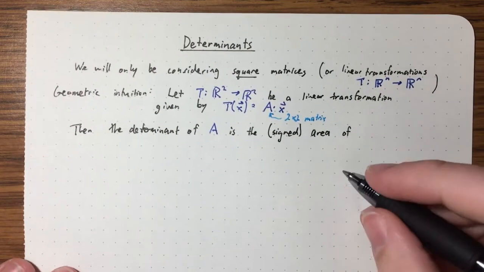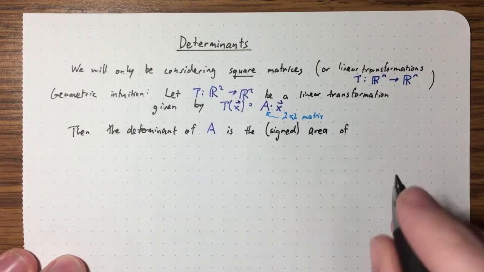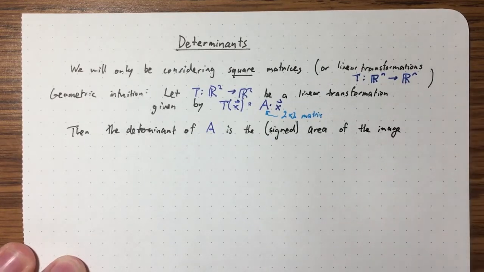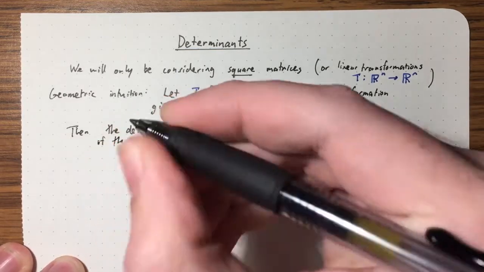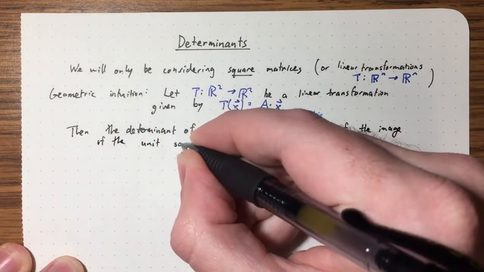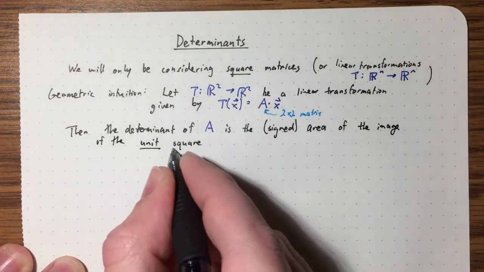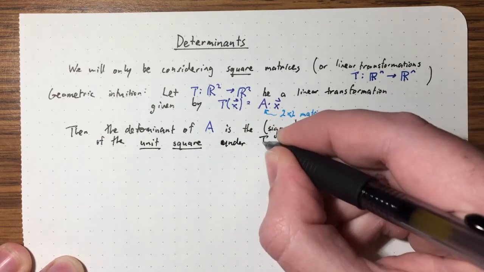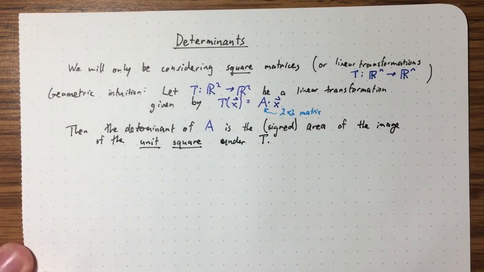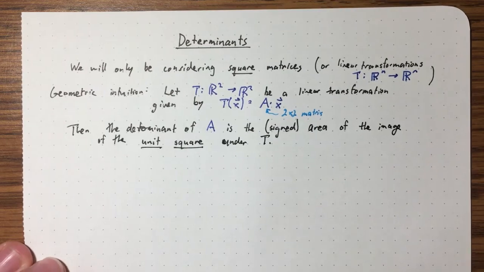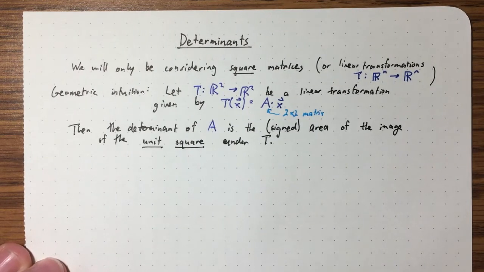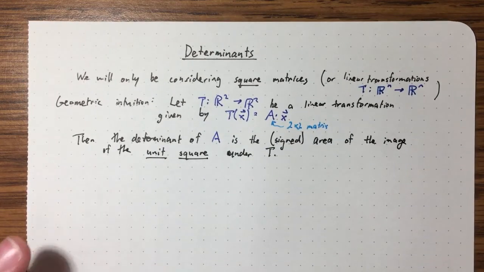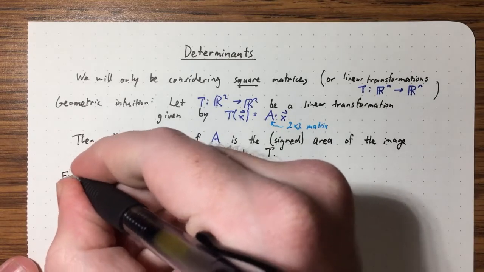So it's the area of the image of the unit square under the transformation T. Okay, by the way, I'll tell you about the sign part in a second. So let's immediately look at an example though.